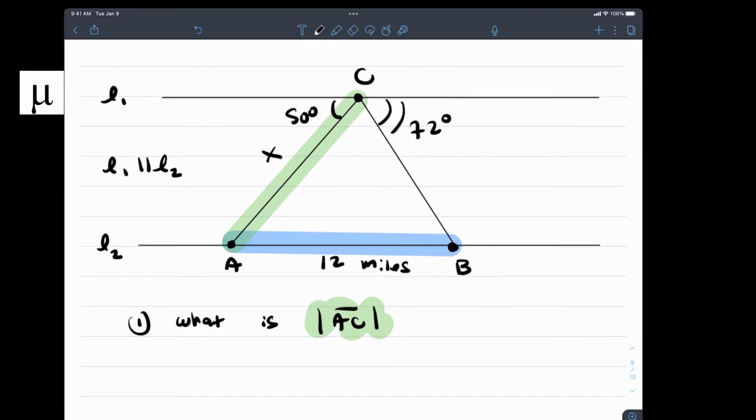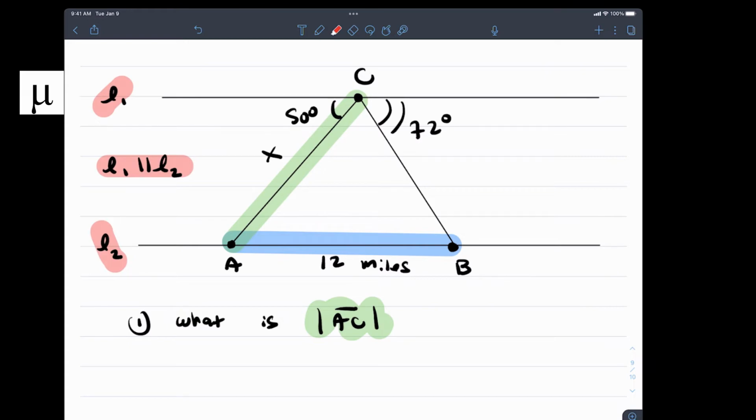So how do you think we can find that? Do you remember the geometry that I gave you guys in the first week? Remember we said if these lines are parallel, what do we just create here?